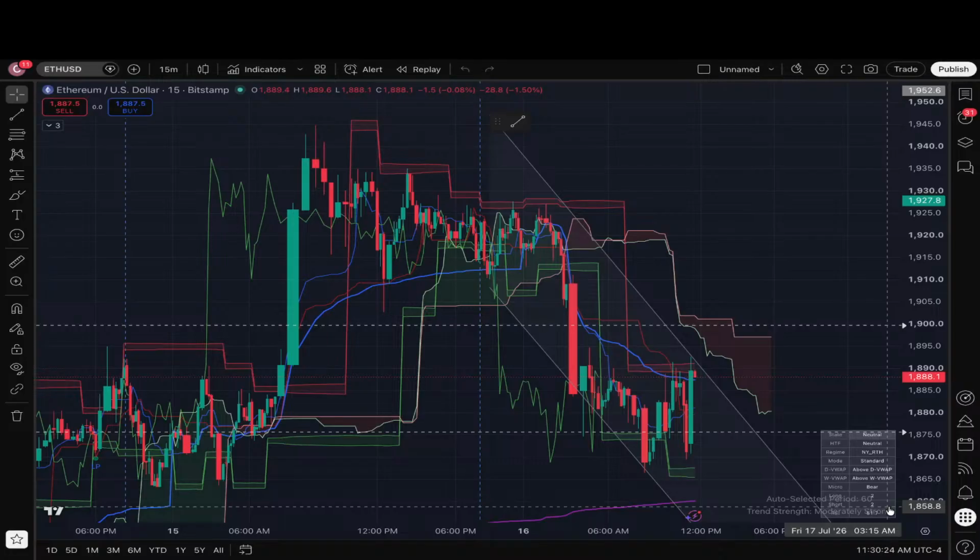Now, we rarely see Ethereum test $1,000, right? It's rare. I can't even recall. Maybe it got down to roughly around $1,000 during 2023 or so, maybe the first quarter of 2023.